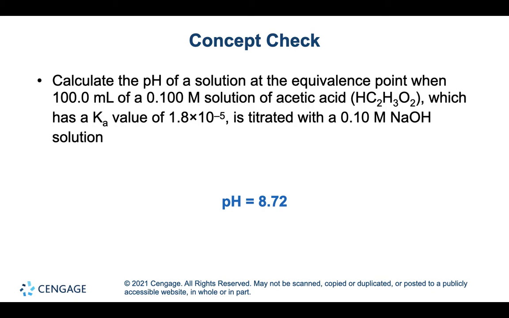So instead of the pH being 7 at the equivalence point, the pH is slightly above 7 because this becomes a weak base problem with an ice table and a Kb value. Your acetic acid completely converts to acetate, and so then you set up an ice table with the molarity of the acetate and find Kb and find OH minus and pOH and find the pH.